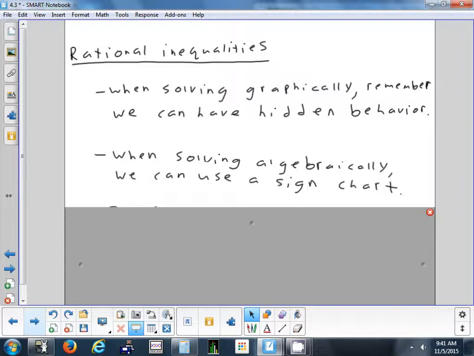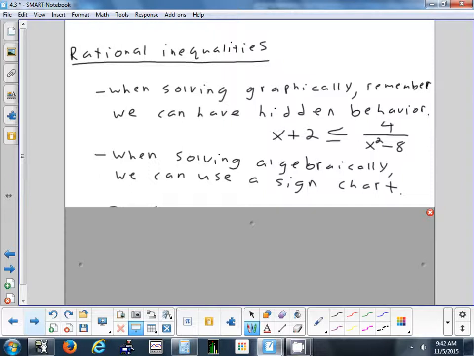When you have an inequality, why can't you just multiply both sides by something with a variable? We don't know about the flipping of the sign. If you gave me this problem, and you said, oh, well, you want to get rid of your denominator, just multiply both sides by x squared minus 8.